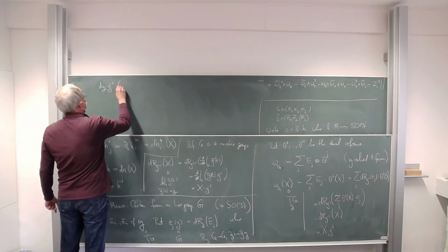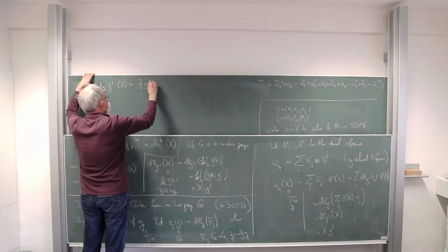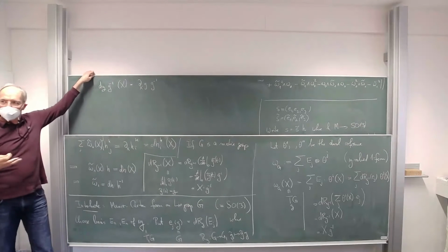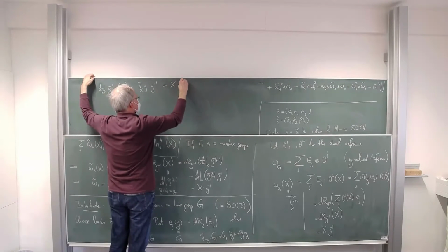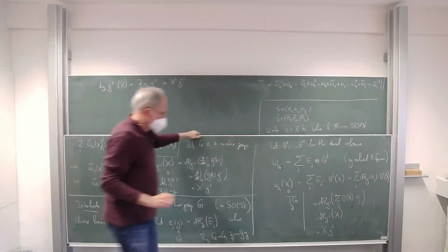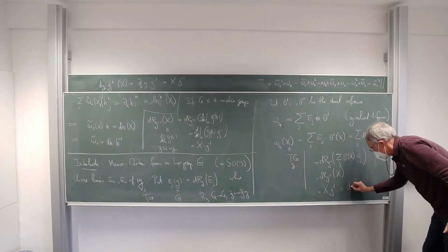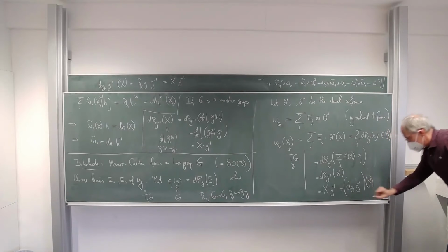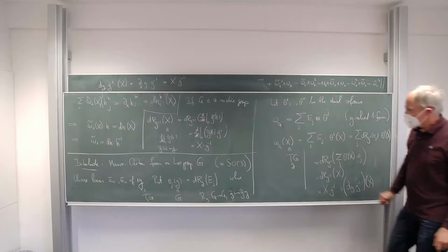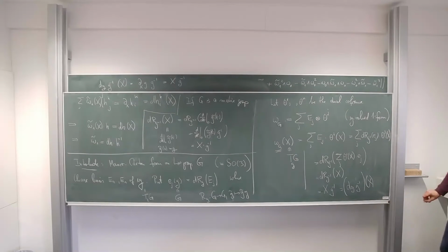If I insert a vector X into that, this gives me ∂_X g times g to the minus 1. But the function g on the Lie group G is just the identity, and so this will be X times g to the minus 1. So that's how I want to write it: as the form dg times g to the minus 1 applied to the vector X. So that's the formula for the Maurer-Cartan form on the matrix Lie group.